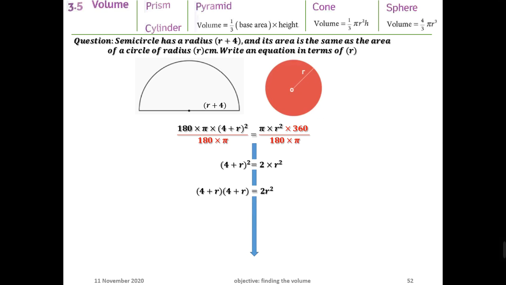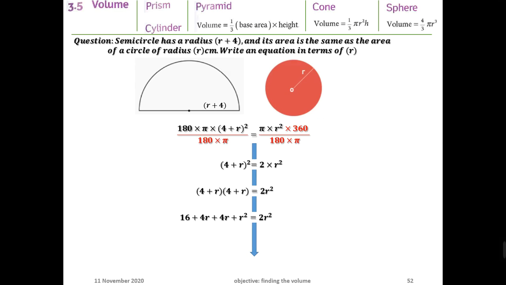Then we take the second term in the first bracket and multiply it by each term in the second bracket. 4 times 4 is 16, and 4 times r is 4r. So we finish the first term, which is the 4. Let's take the r. r times 4 is 4r, and r times r is r squared.